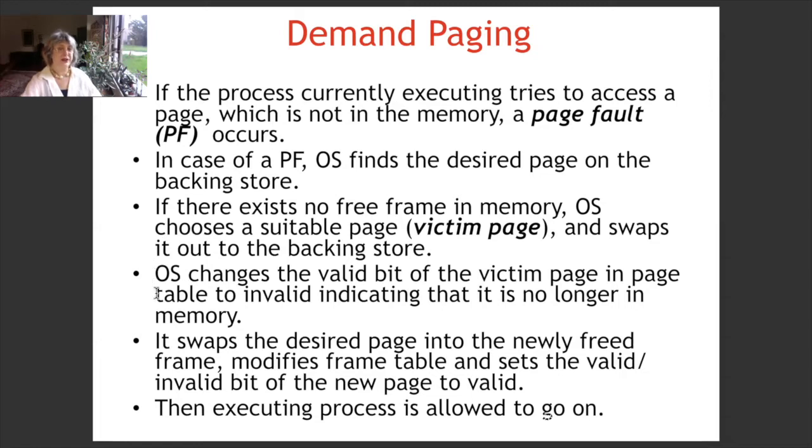The operating system changes the valid bit of the victim page in the page table to invalid, indicating that it is no longer in memory. It swaps the desired page into the newly freed frame, modifies the frame table, and sets the valid-invalid bit of the new page to valid. Then the executing process is allowed to go on.